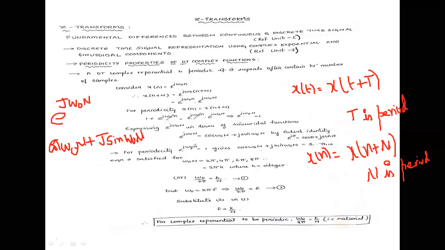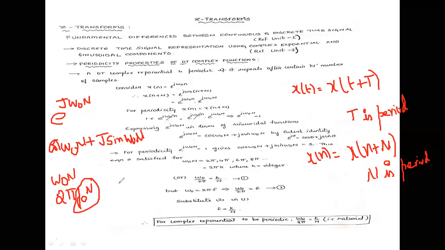For periodicity, e power j omega naught capital N is always 1, my dear students, because omega naught is 2 pi f naught, and we have 2 pi f naught times capital N. For whatever multiplication factor there is of 2 pi, cos 2 pi is 1 and sine 2 pi is 0 always. So omega naught N is multiplied by 2 pi, 4 pi, 6 pi and 8 pi, where k is an integer.